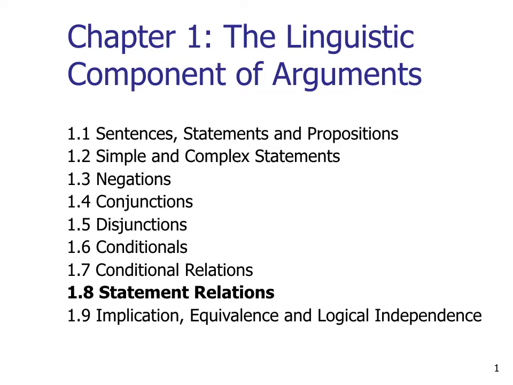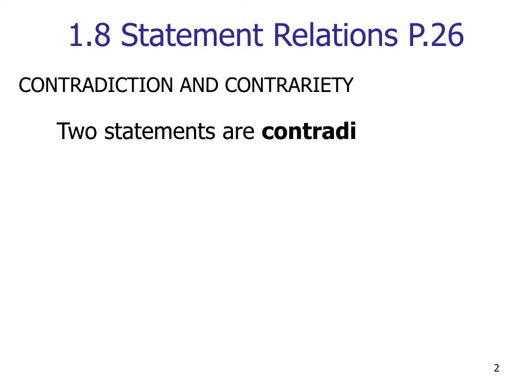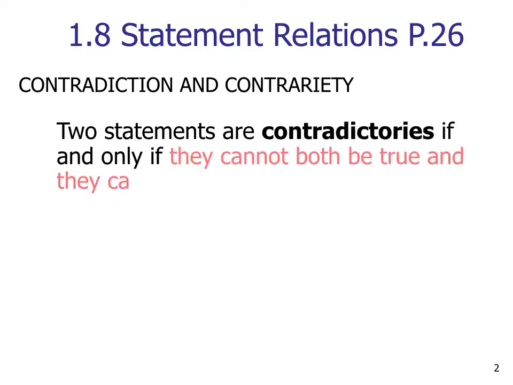Section 1.8, Statement Relations. The statement relationships we're going to look at are contradiction and contrariety. Two statements are contradictories if and only if they cannot both be true and cannot both be false.